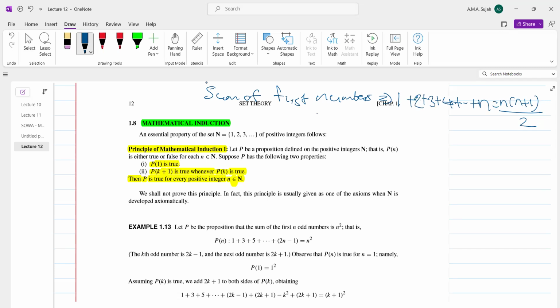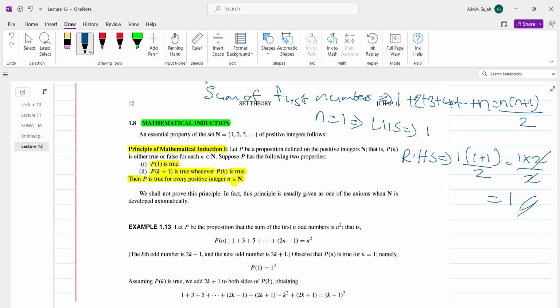To prove this one, we take n equal to 1. Left hand side is 1. Right hand side is 1 into 1 plus 1 divided by 2, so 1 into 2 divided by 2, the 2 and 2 cancel, so this is 1. So LHS equals RHS, and this is true for n equal to 1.